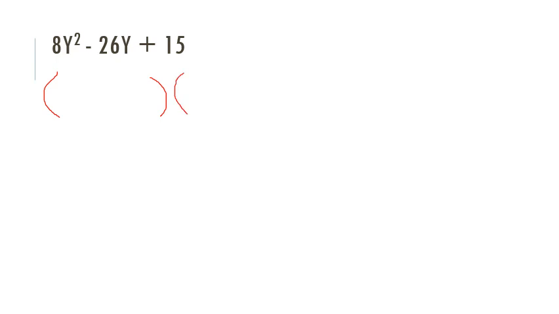But now I have some choices to make with my 8y squared. I know that I'm going to use the y and the y, but they're each going to have a coefficient. So I'm going to think about the factors of 8. Could be 1 and 8, could be 2 and 4, but that's really the only combinations that we can use.